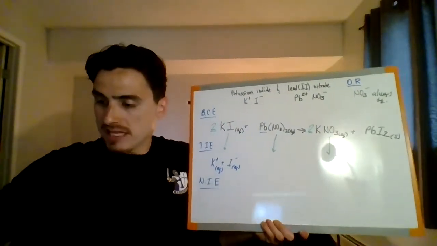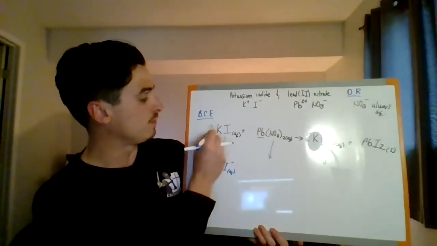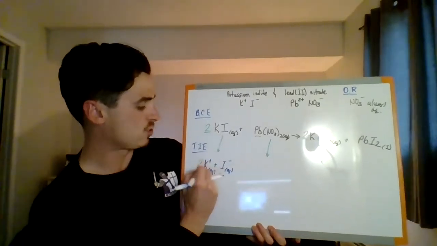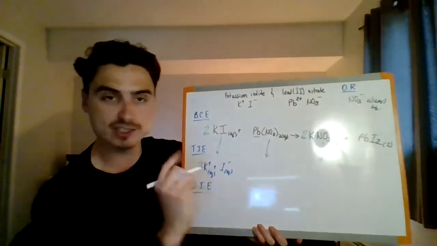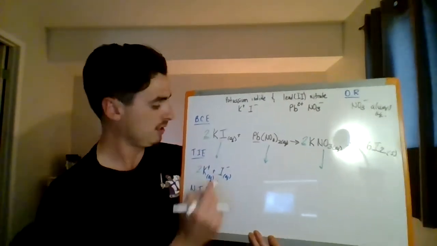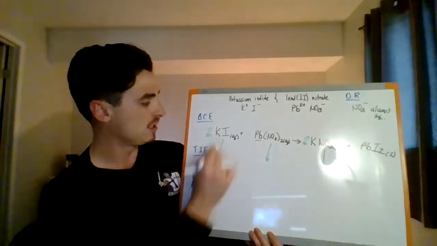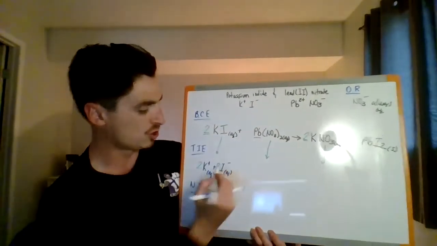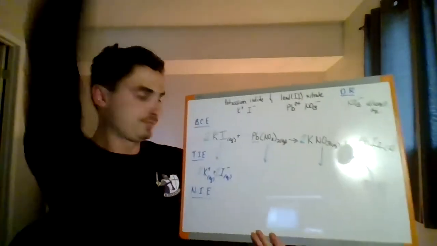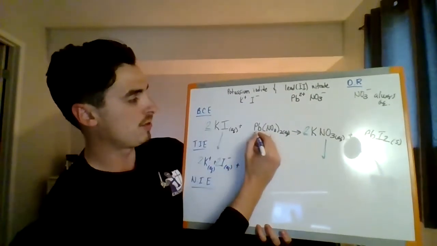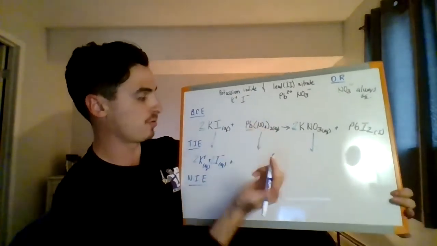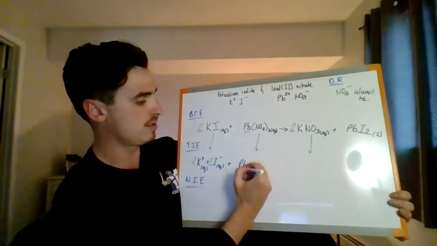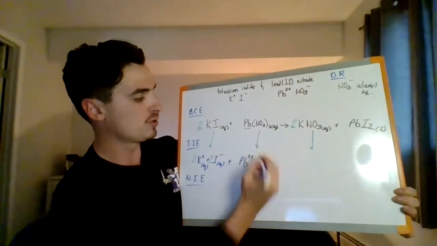Well, how many K pluses, ladies and gentlemen, were here? Well, there were 2 Ks, so the 2 is going to follow. I can't just drop the coefficients, okay? There was 2 Ks, and there were 2 Is, so the 2 stay, okay? Well, now I can break down Pb(NO3)2, so I'm going to write Pb, which has a charge of 2 plus.